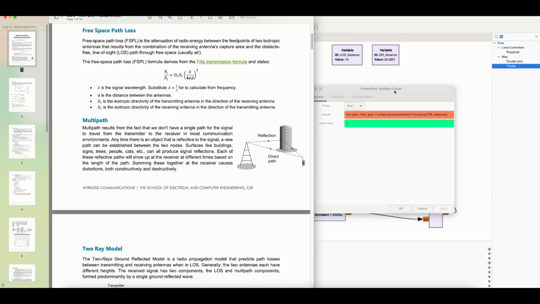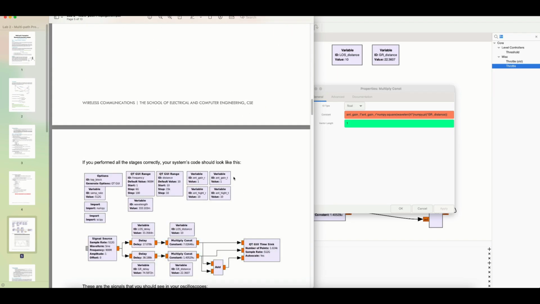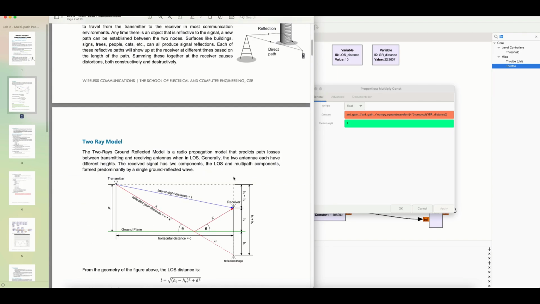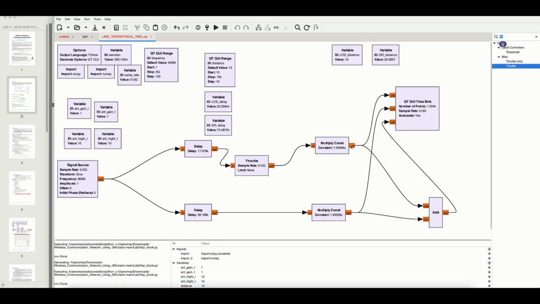Now both of these signals, because these are being added together, if you were to look at it, when you look at this signal, you have constructive and destructive interference, so you have to add these two signals together. That's why we have an adder block here. Both of these signals are going in, both of them are being added together, then this thing is going inside.